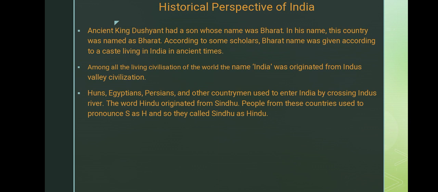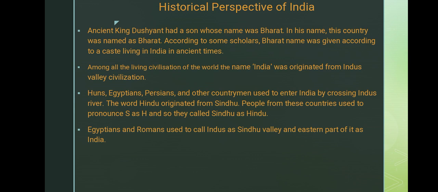Sindhu is the river. People from these countries used to pronounce S as H, so they called Sindhu as Hindu. That is how it becomes Hindustan. Egyptians and Romans used to call the Indus Sindhu, and that is how it becomes India.